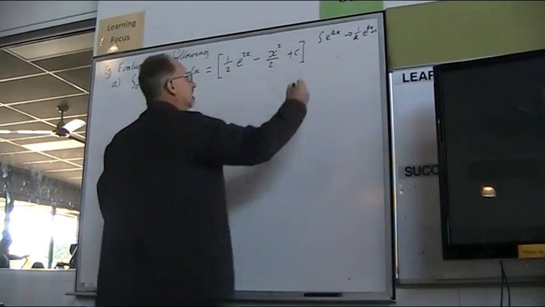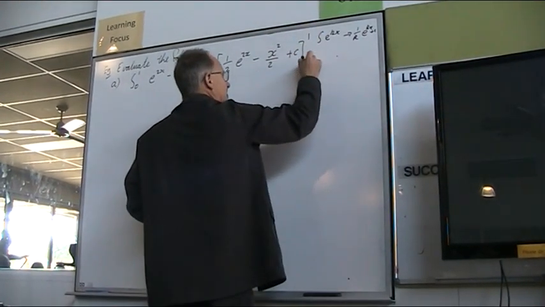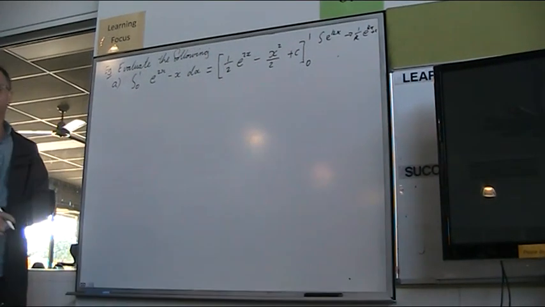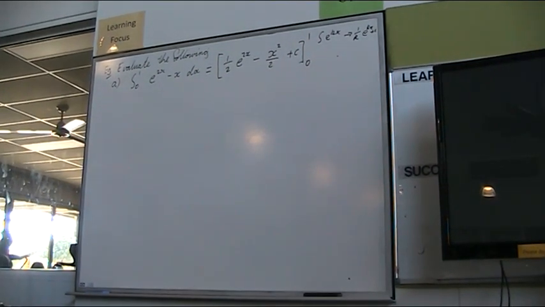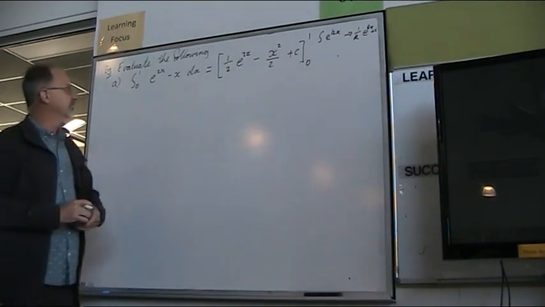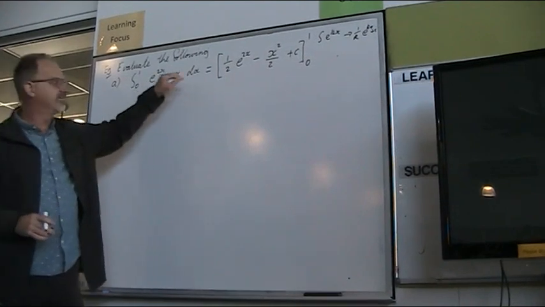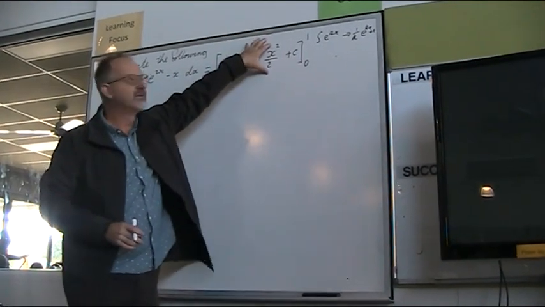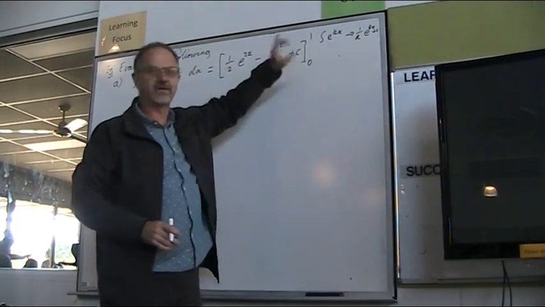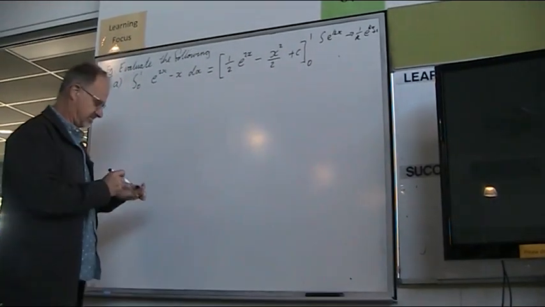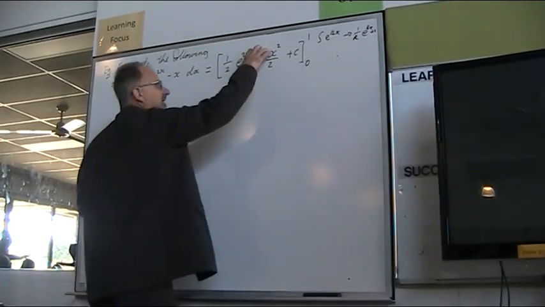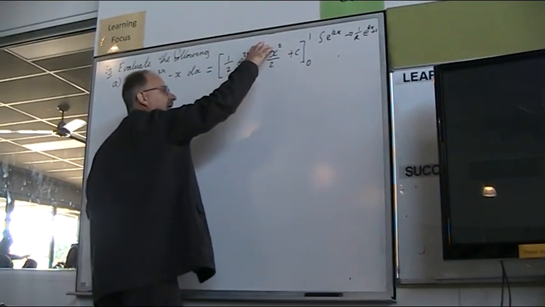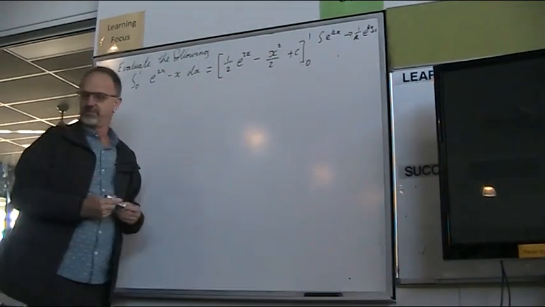All right, so we then put our limits there and there, and now we do the fundamental theorem of calculus. So this was our little f, this is now our big F. We've now got to put these numbers in. The fundamental theorem of calculus says big F of the top number minus big F of the bottom number.